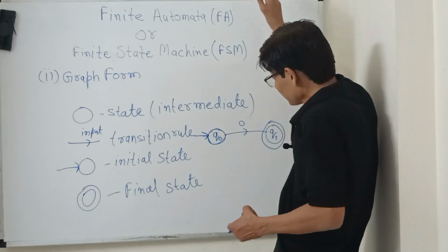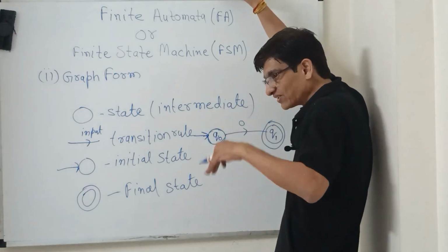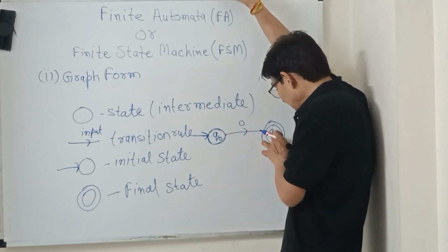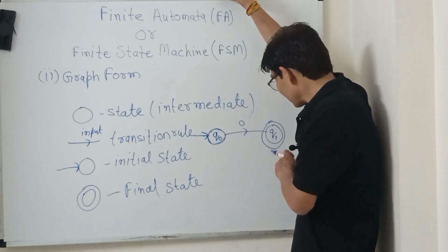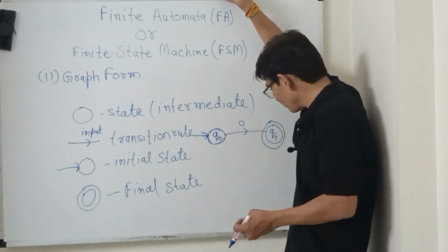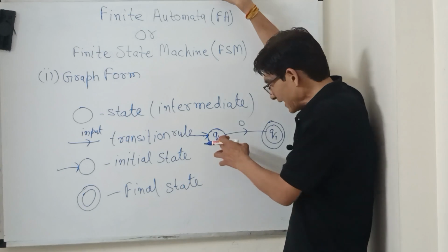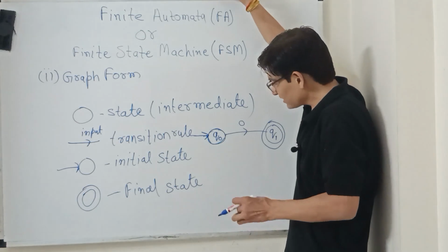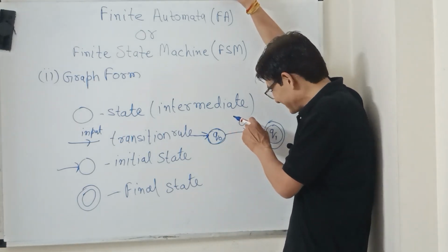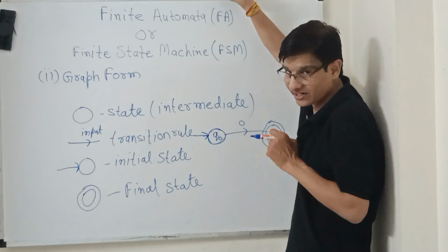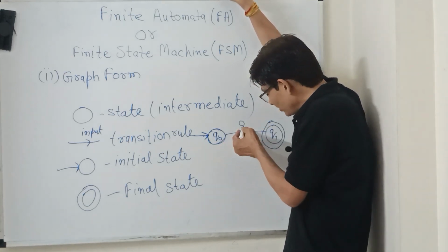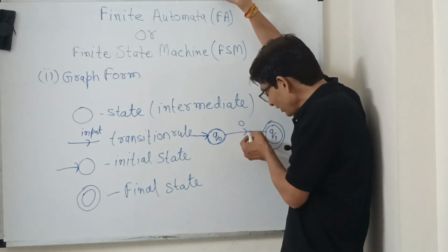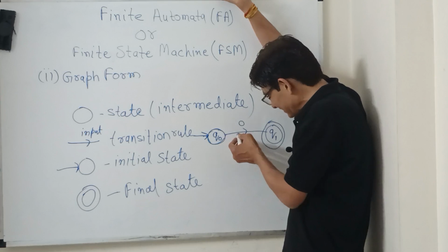Now if the initial state is there, after accepting 0 it will be in the final state. So I have created one more state with the name q1 and I have made it the final state. As it is accepting only a single zero, it will be in the initial state, then it will read the input symbol 0 and then it will enter the final state. That means here we have mentioned one transition from q0 to q1 on reading input symbol 0 via this edge.